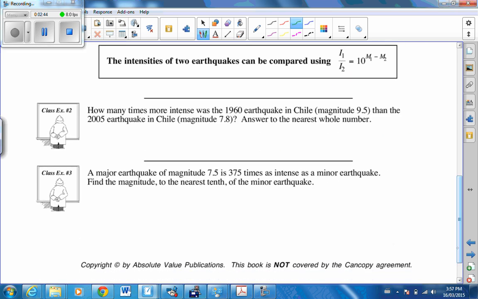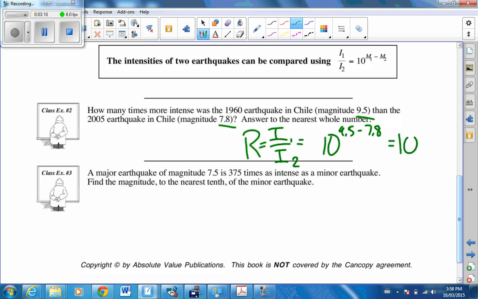We just compare them. So 9.5, then 7.8. I'm just going to go my ratio, which is I over I, is just 10 to the 9.5 minus 7.8. 9.5 minus 7.8 is going to be 1.7.